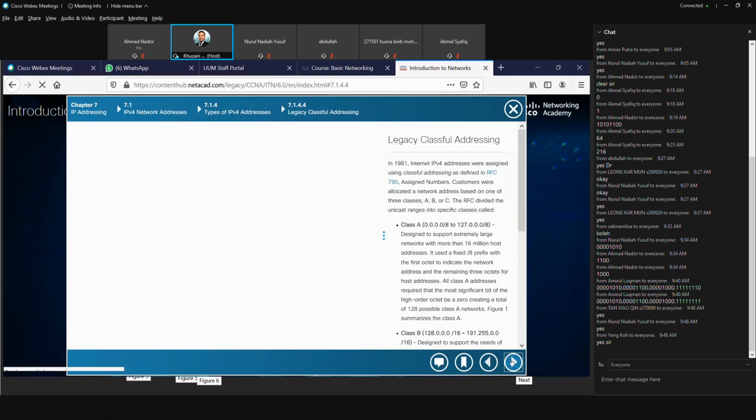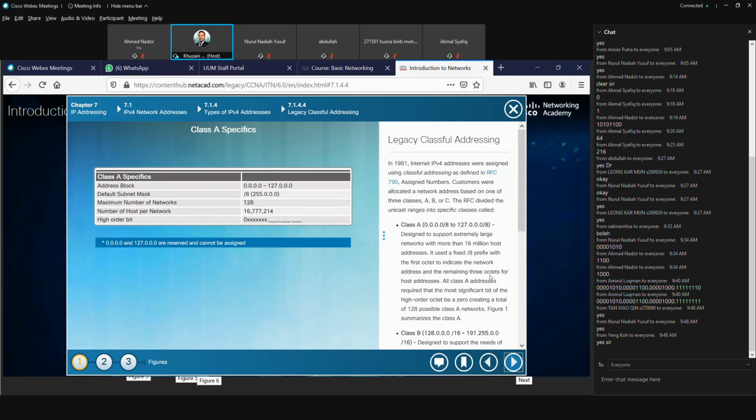Before this, we used classful IP addressing. We call it legacy classful IP addressing. We have class A, class B, class C, and so on. But nowadays we don't use classful IP addressing because it's a waste of IP addresses.